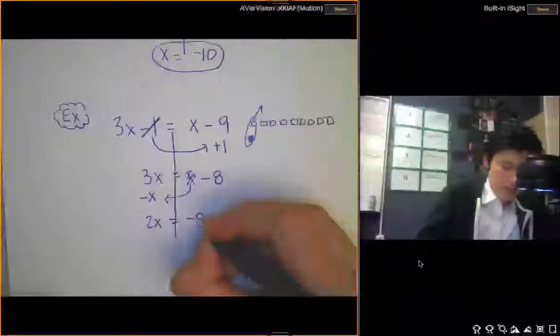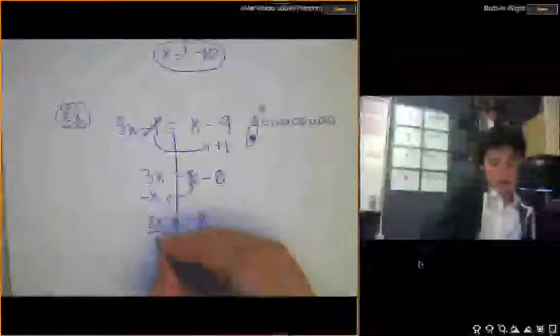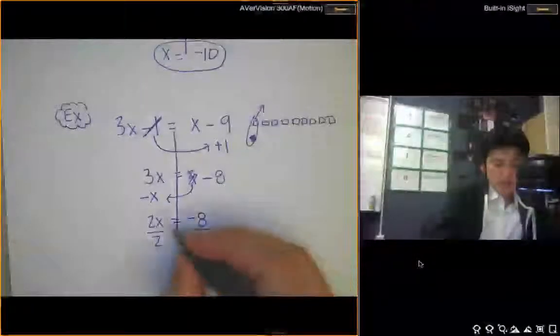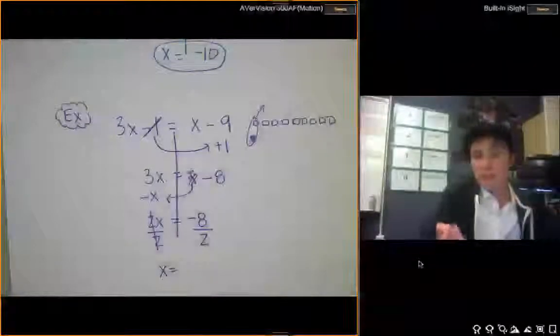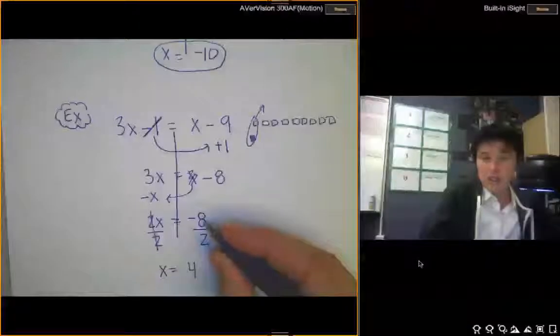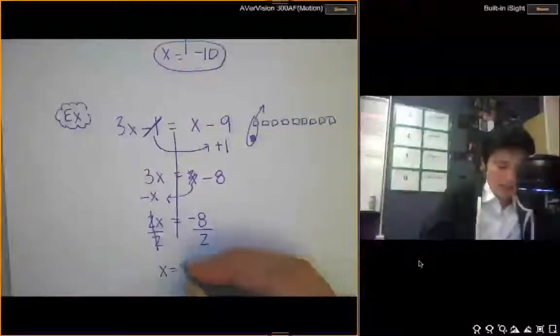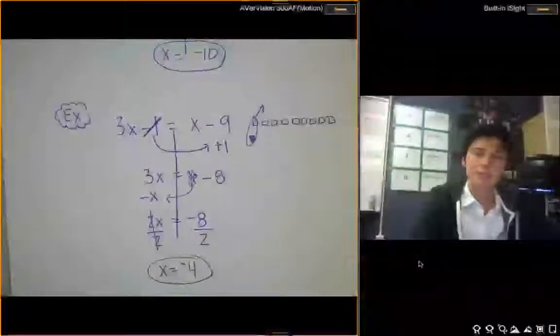And then we're almost done. We just got to divide it into 2 groups. Divide by 2. Divide by 2. X is going to equal negative 8 divided by 2, which is 4. And a negative number divided by a positive is a negative. So we get negative 4. X equals negative 4. And there's my answer.